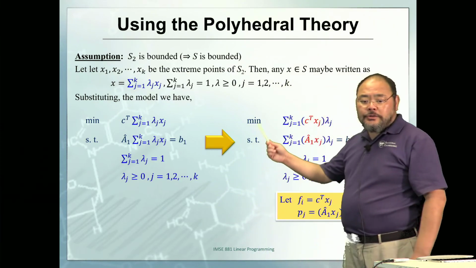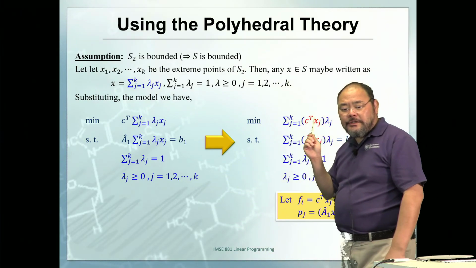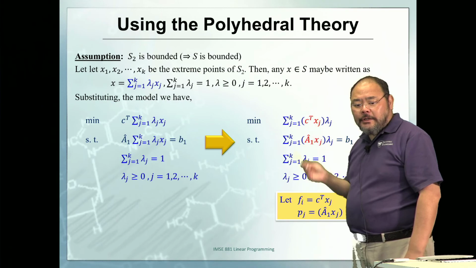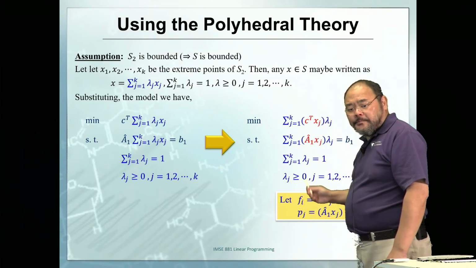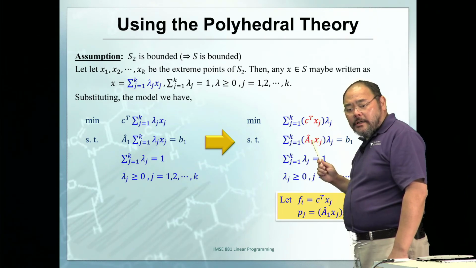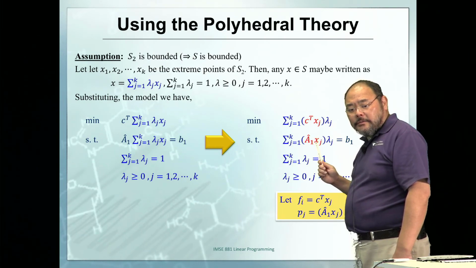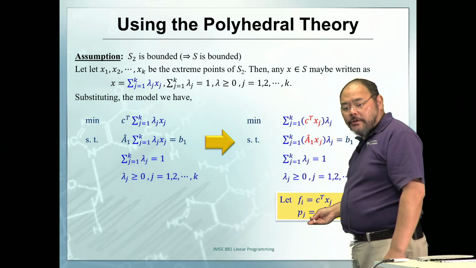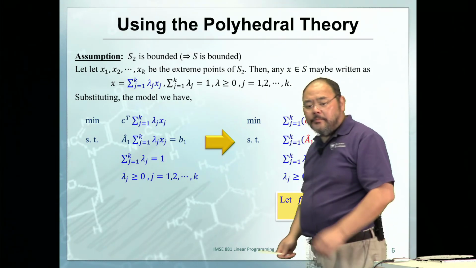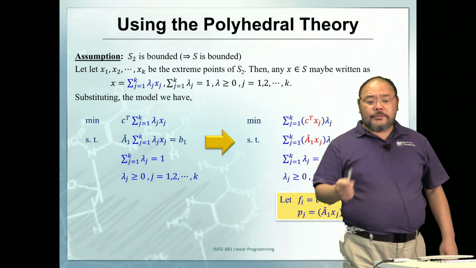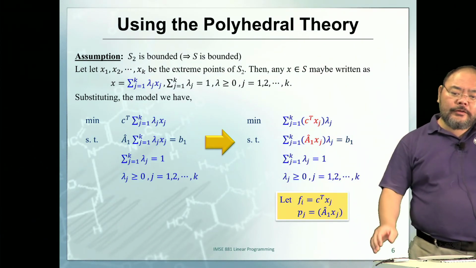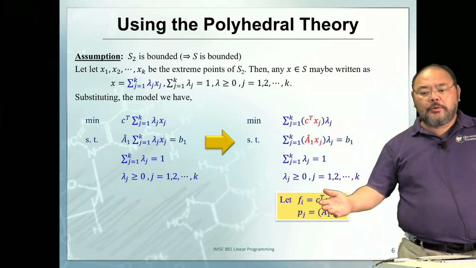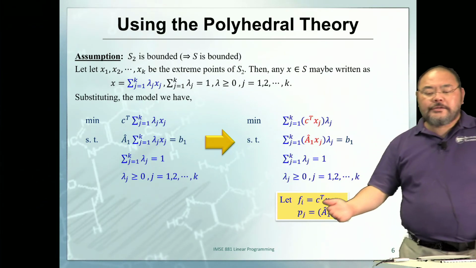We substitute C transpose times xj, which we call fj, and A1 hat times xj, for which we use another symbol, pj. This simplifies the model a little bit, because each one of the xj is a fixed point and not a decision variable.